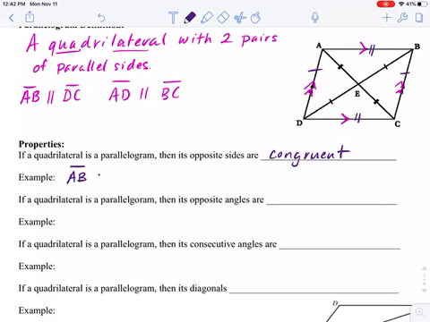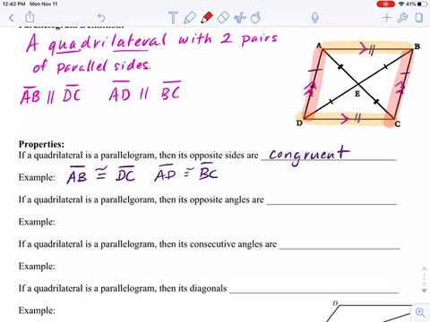AB is congruent to DC. Again, that'd be AB and DC. Those are congruent and parallel. And then I can say that AD is congruent to BC. So AD and BC are congruent and parallel.